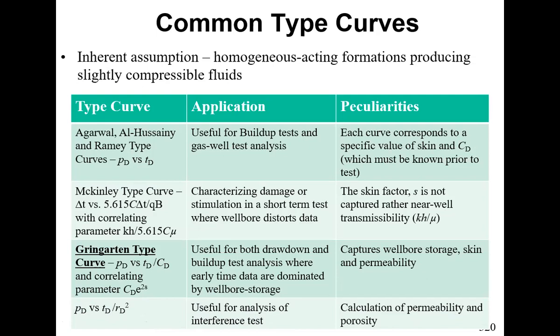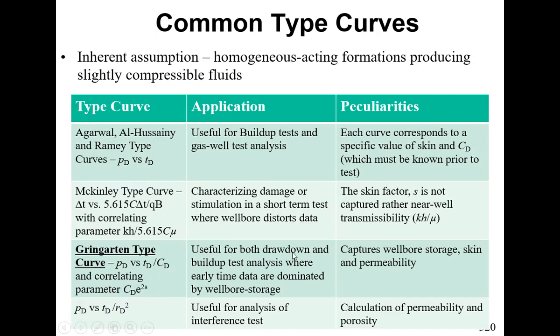The type curve which I'll be using to demonstrate the functionality of type curves is the Gringarten type curve. For the Gringarten type curve, dimensionless pressure is plotted against the ratio of dimensionless time to dimensionless wellbore storage. And there's a correlating parameter which is defined by this term, which we'll see in the upcoming slide.